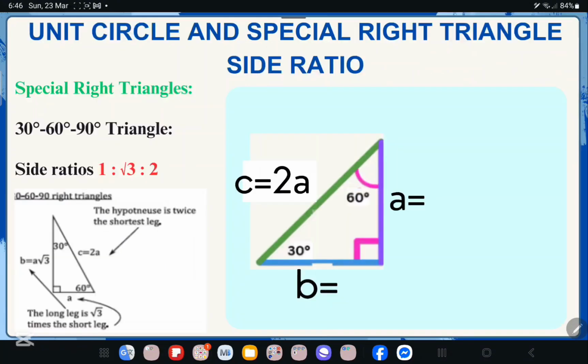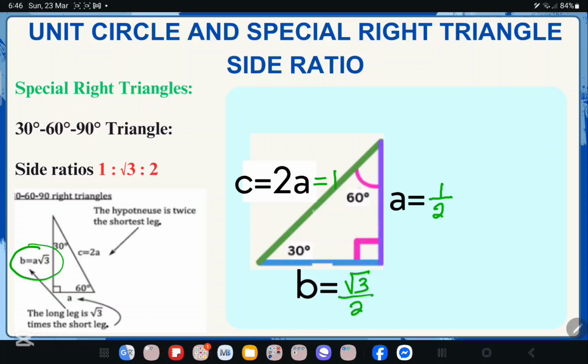Now, let us identify what A and B would be if the hypotenuse of our triangle is equal to 1. If that is equal to 1, then A here is equal to 1 over 2. And if A is 1 over 2, then B, which is equal to A times root 3, would be root 3 over 2.